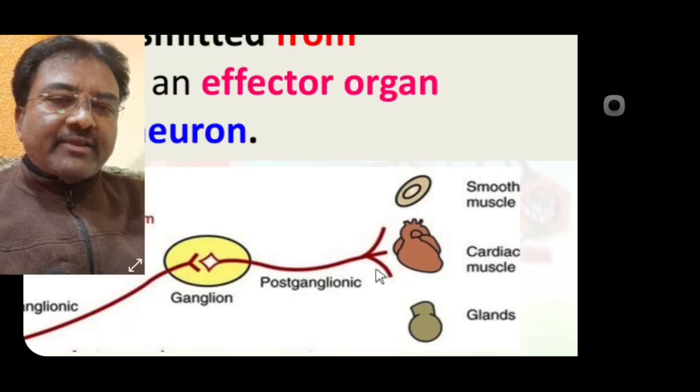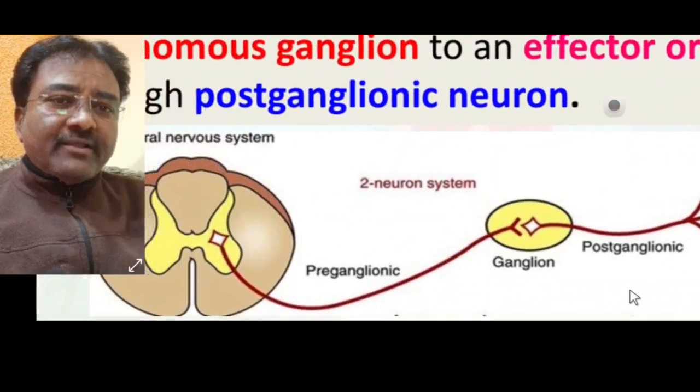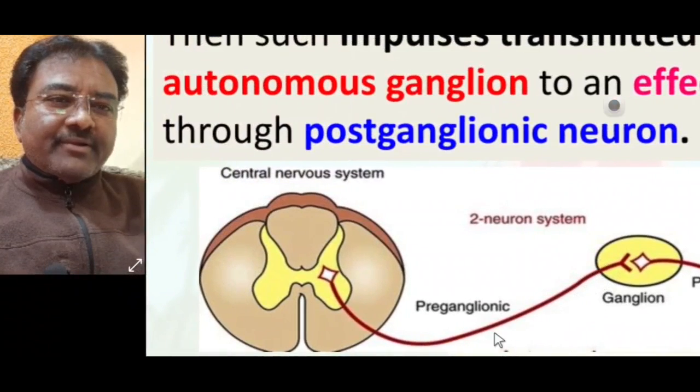The postganglionic neuron is present between the autonomic ganglion and the effector organ, while the preganglionic neuron is present between the central nervous system and the autonomic ganglion.